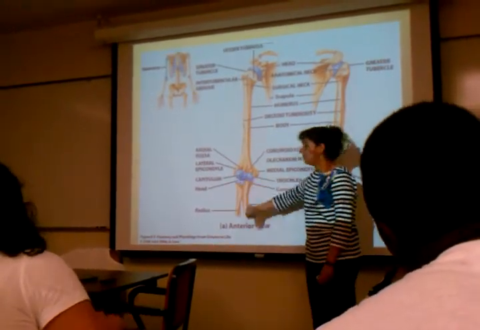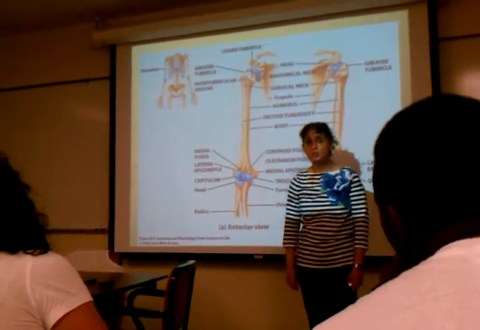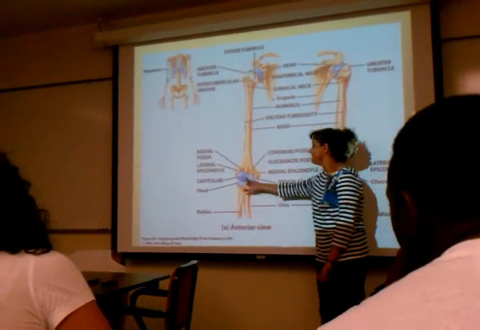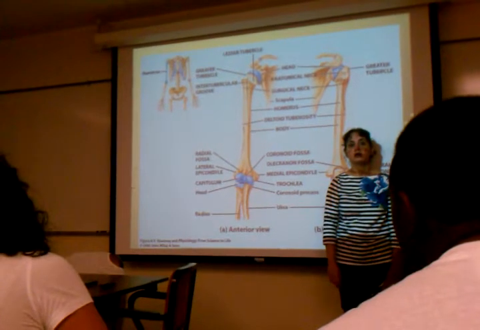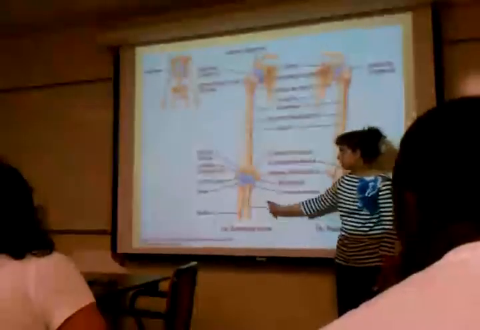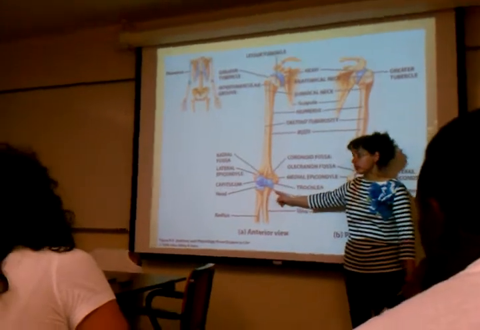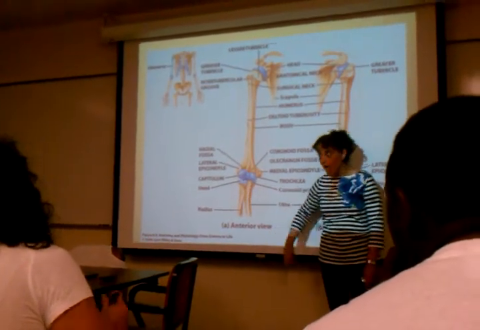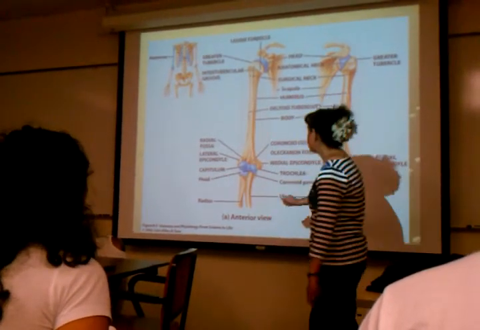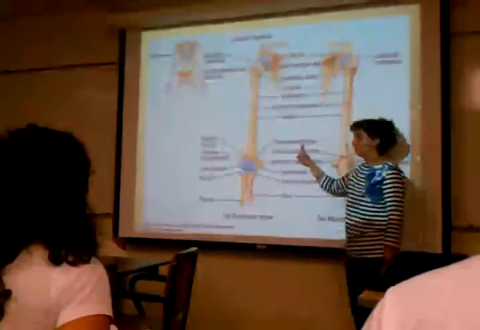What's this process here? It connects to where? Radius. This process here is called the capitulum. It connects to the head of the radius. This one connects to the trochlear notch of the ulna, right? This depression here is called the coronoid fossa.